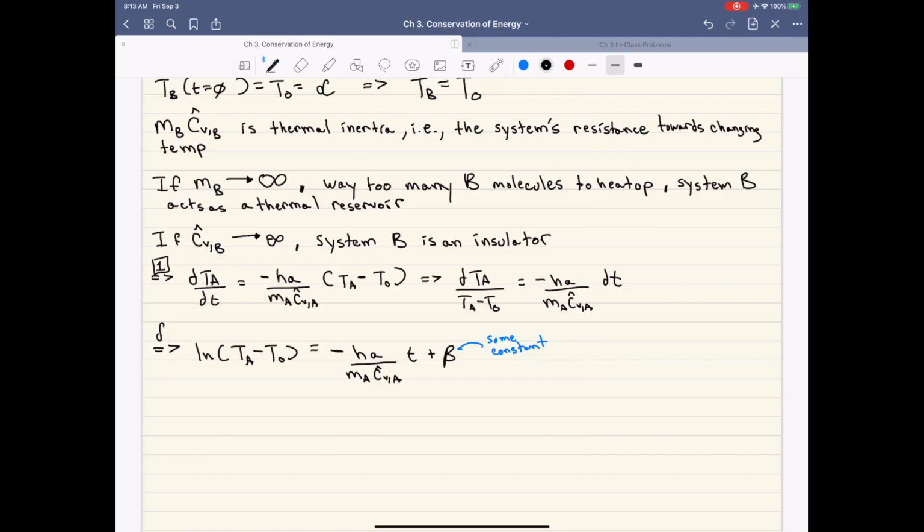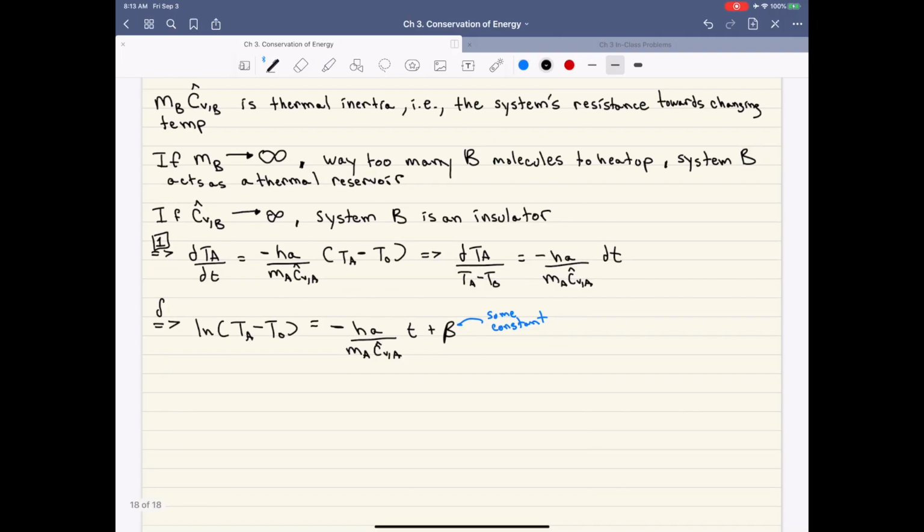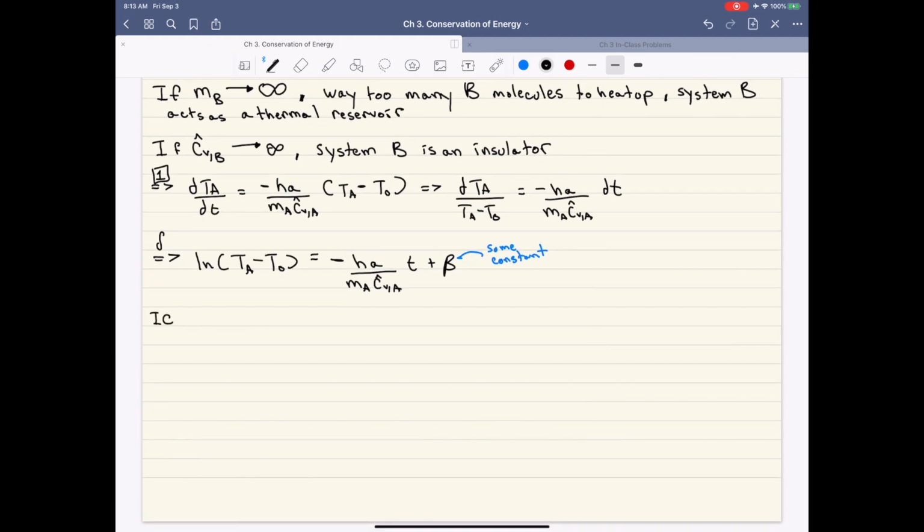Alright, but now we need to figure out what the beta constant is, and we could do that by once again applying our initial conditions. So we know that the gas is at some initial temperature Ta naught, at time equal to 0. So when we apply that initial condition, HA, MA, CVA times 0, because it's at time 0, plus beta, right?